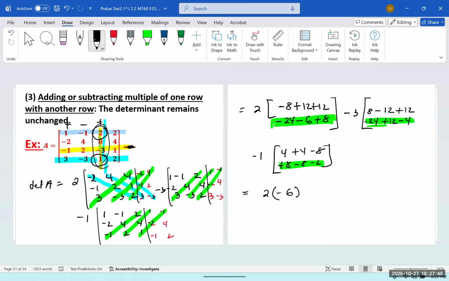Okay. Took long, but the answer is correct. It is 14. See, it took so many calculations. So if you don't want to do so many calculations, you can do inspection.